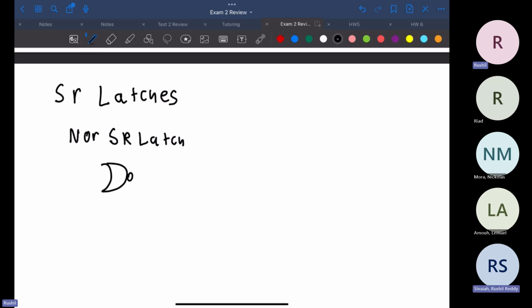It's called an SR latch because there's two inputs, set and reset, or S and R. So we'll add those here. And then we have our feedback, like so.